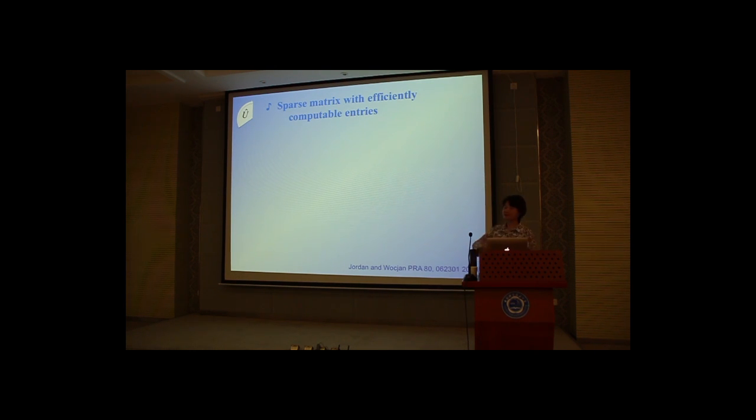So another type of matrices people have looked at, not us, are the sparse matrices, which have efficiently computable entries. So Jordan and Wang actually worked out a scheme that can implement any sparse unitary matrix.